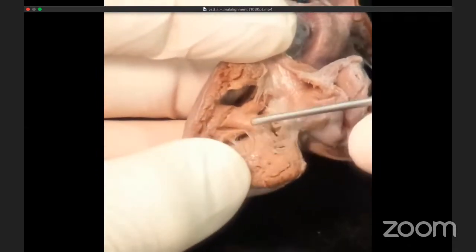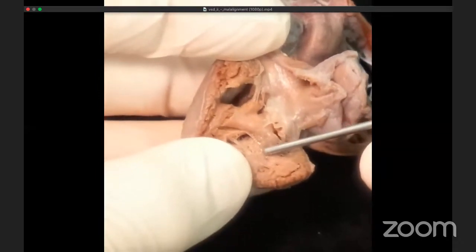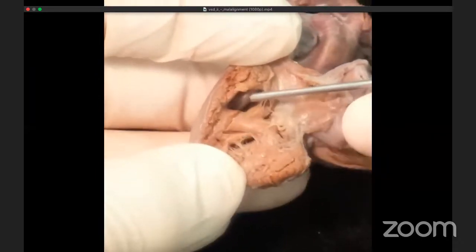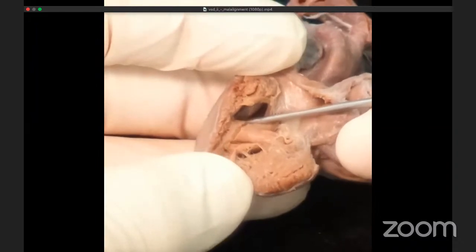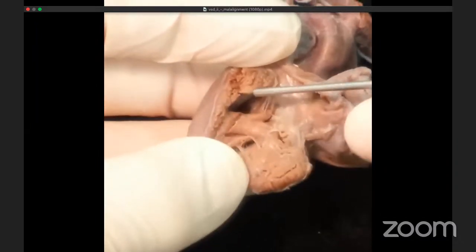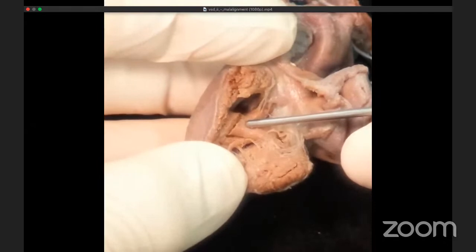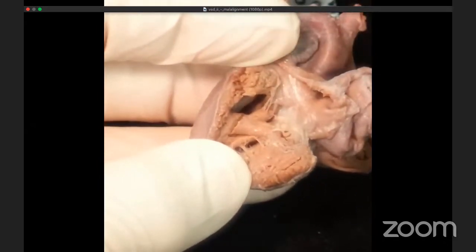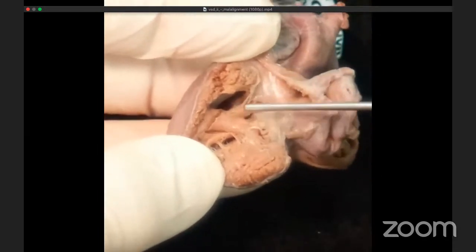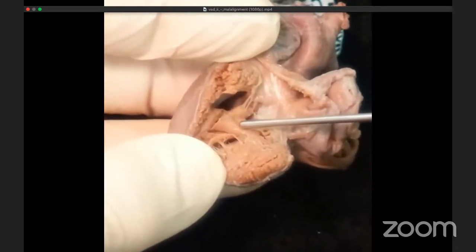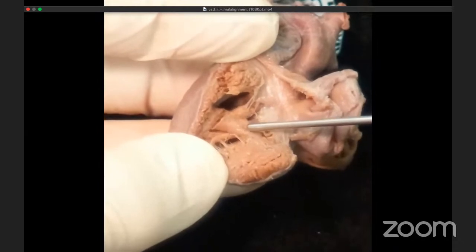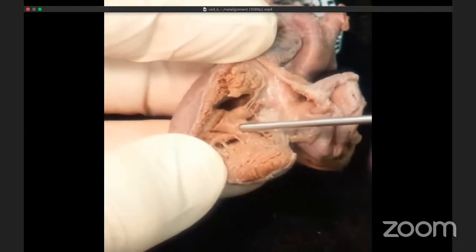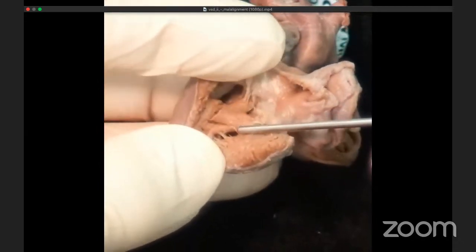You'll appreciate that the trabeculations here are excessively heavy, and they almost divide this right ventricle into 2 components. You might be forgiven for thinking this is the ventricular septum. We know that it's not because similar hearts have been sectioned in the past, and this structure would not carry the ventricular conduction axis, so it wouldn't carry, in other words, the bundle branches.